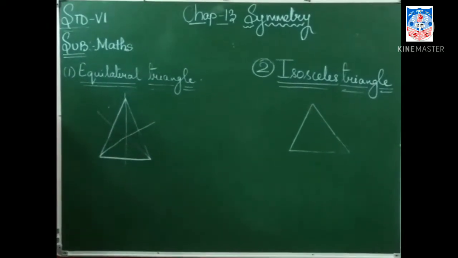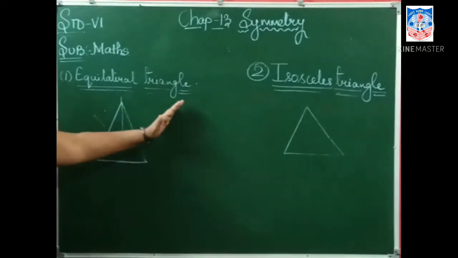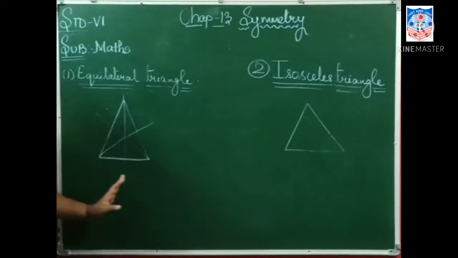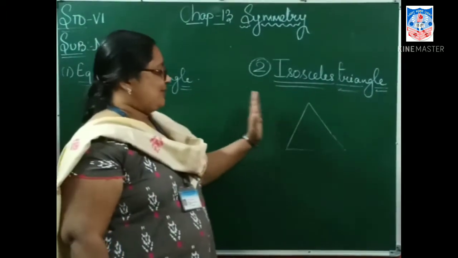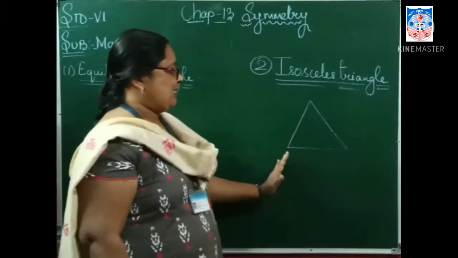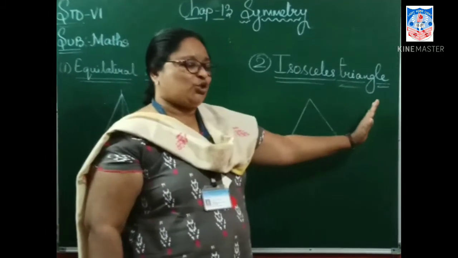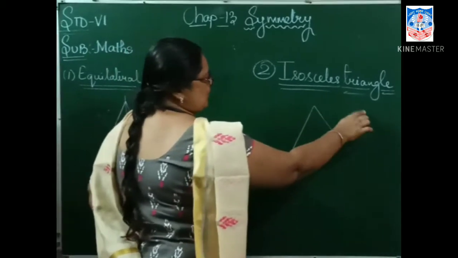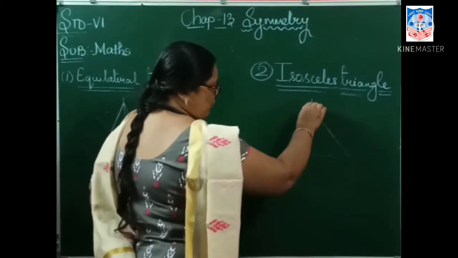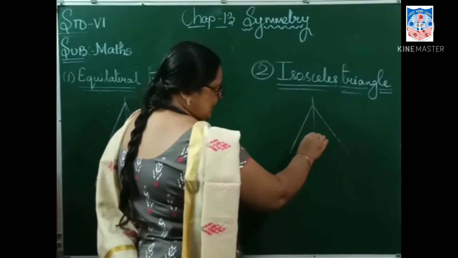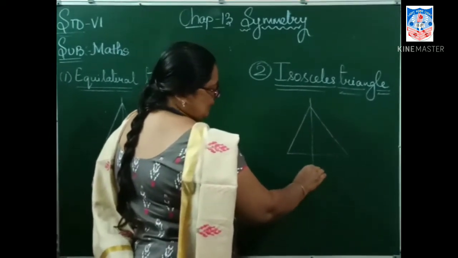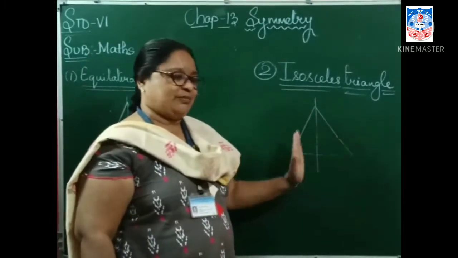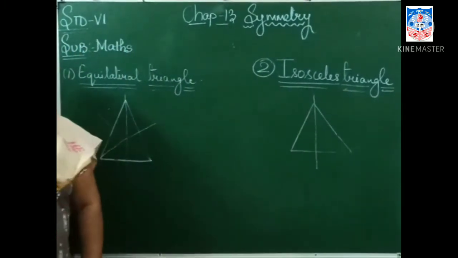That means an equilateral triangle has three lines of symmetry. Understood? Now, this is a rough figure of an isosceles triangle. Isosceles triangle means two sides equal. So, I can divide an isosceles triangle only one way, that is this way. It has only one line of symmetry. Understood?